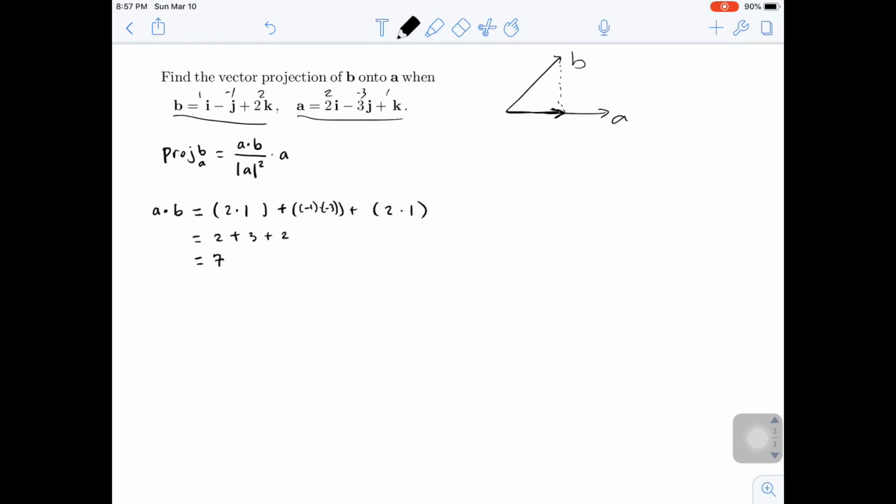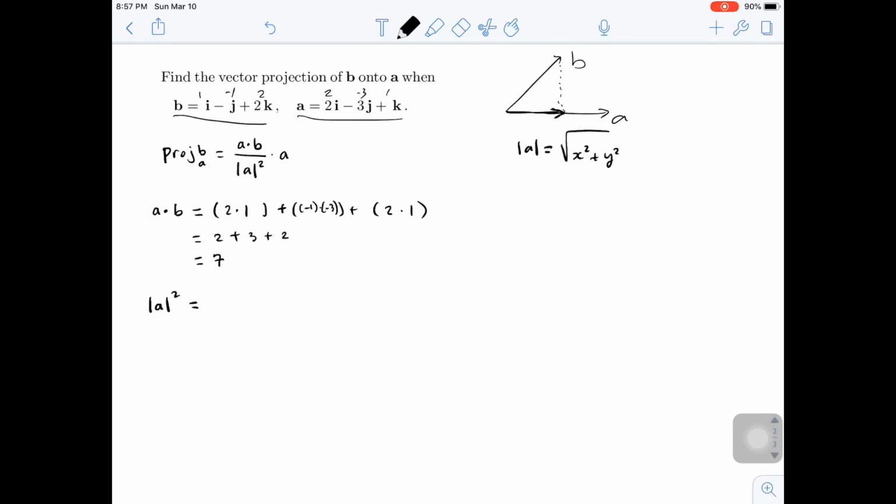Now the next thing we need to do is find the square of the length of A. Remember we said that the length of A is the square root of the x value squared plus the y value squared.